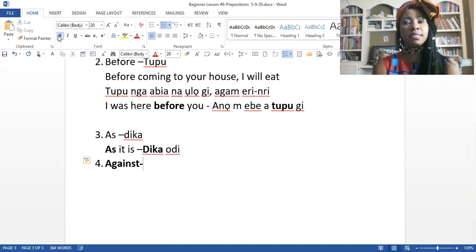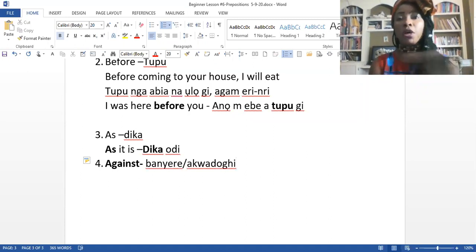Against means banyere, okay. Banyere, or you can say akwadogi. It's a long word. Akwadogi.